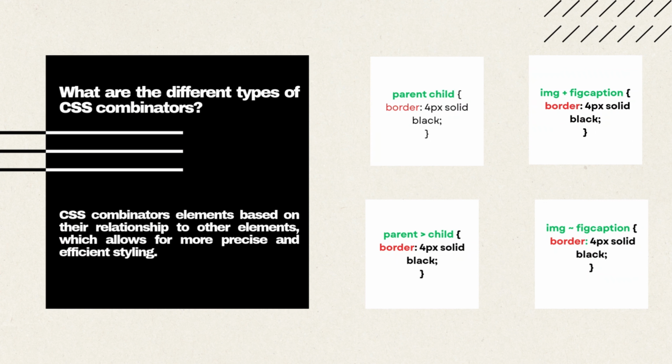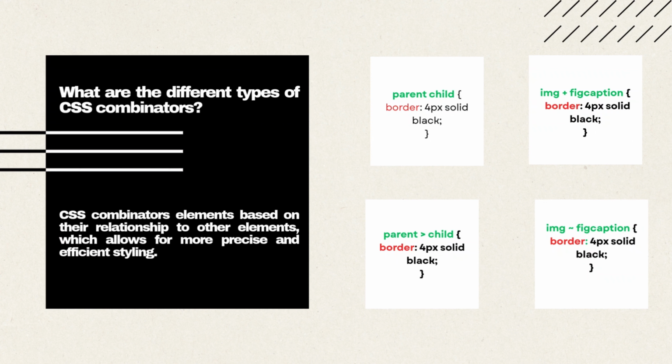So basically, what that next sibling does is it's going to style the figcaption that comes after the image tag, right? That comes after the image tag.